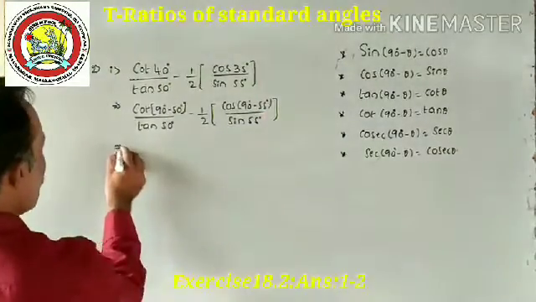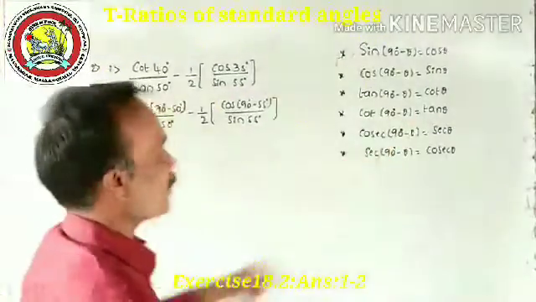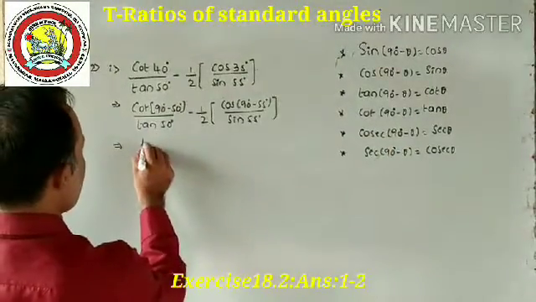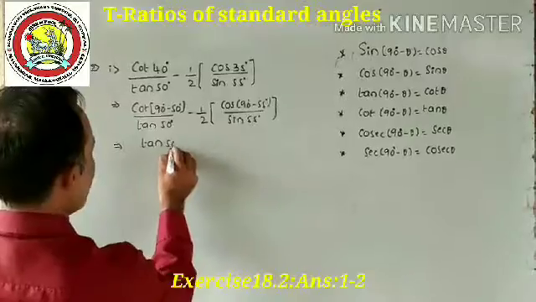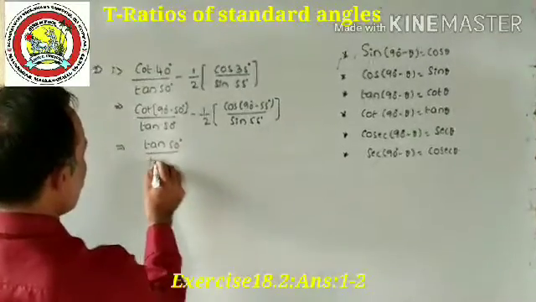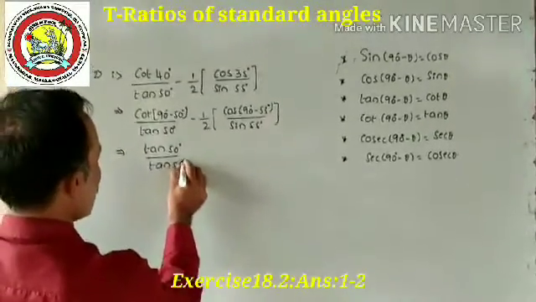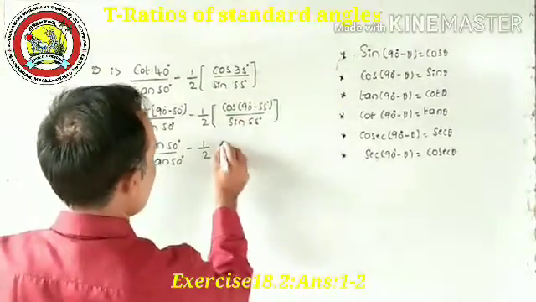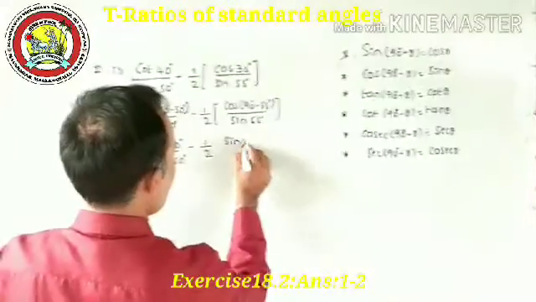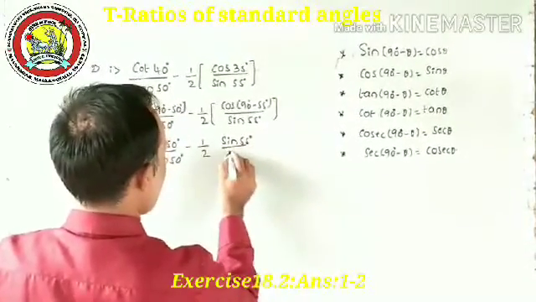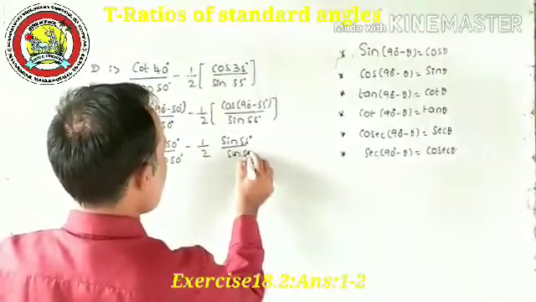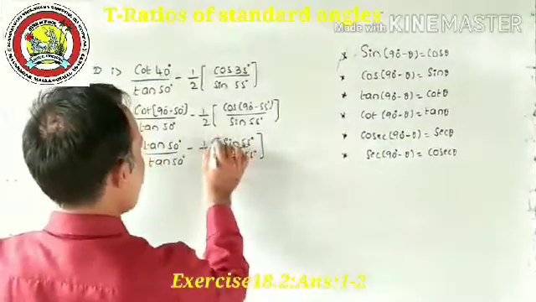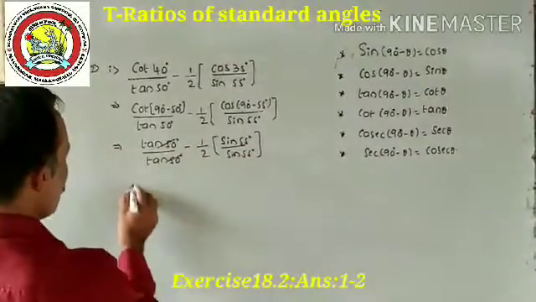Cot of 90 minus theta is tan theta, that is tan 50 degrees divided by tan 50 degrees, minus 1 by 2 times cos of 90 minus theta, that is sin theta, sin 55 divided by the denominator sin 55 degrees. Yes, both cancel.